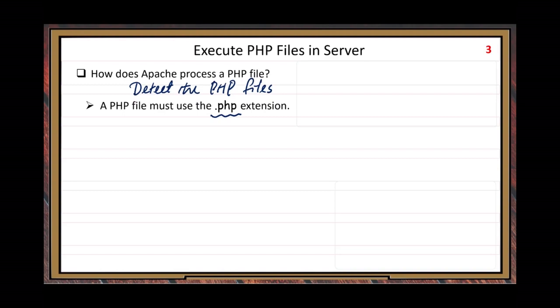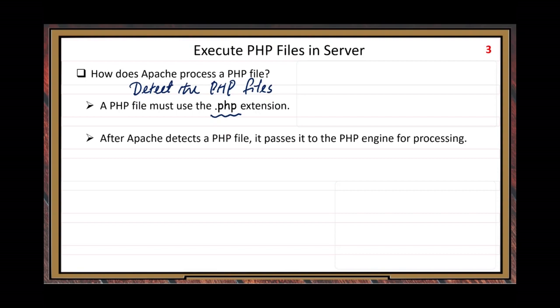So the first thing, you need to use the PHP extension, .php. Then it is sent to the PHP engine, and the PHP engine processes the content of the file. After Apache detects a PHP file, it passes it to the PHP engine for processing.